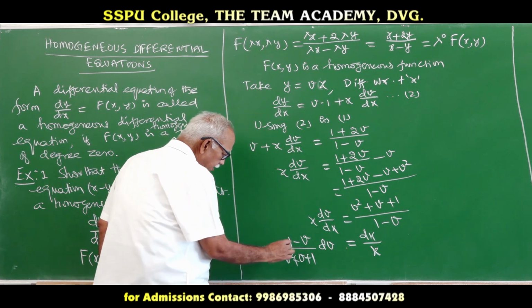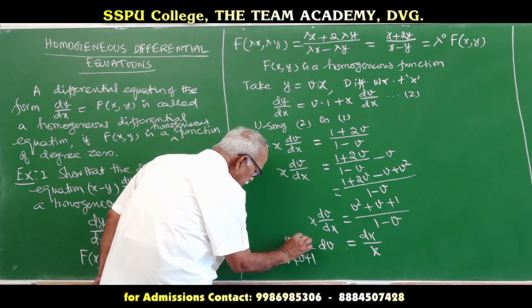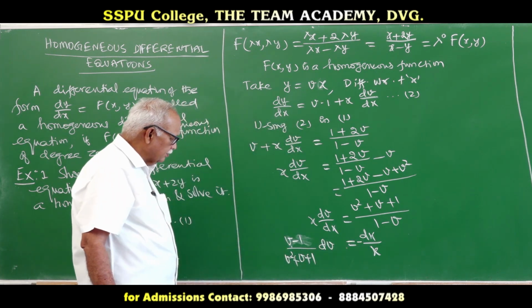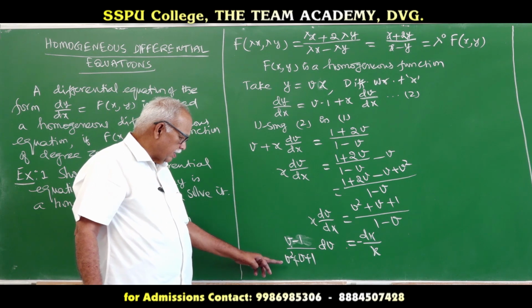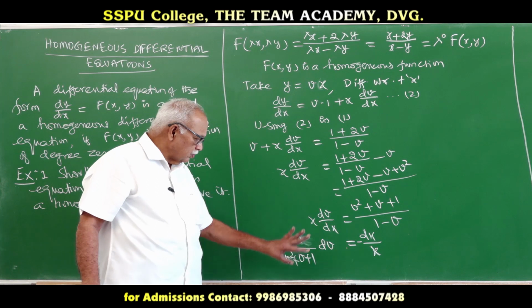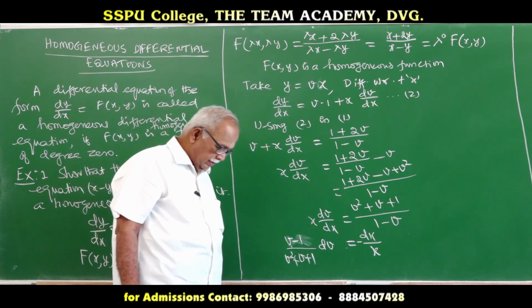Now, instead of 1 minus v, we can write it as v minus 1 and I will take the minus sign here. So, v minus 1 divided by v square plus v plus 1 dv is equal to minus dx by x. Now variable separation is over. Now, we have to integrate this.